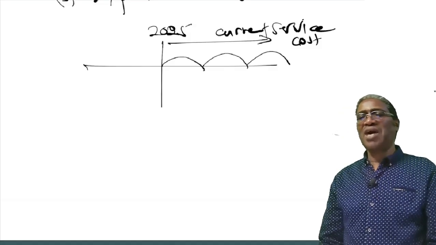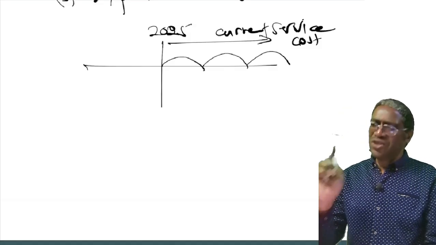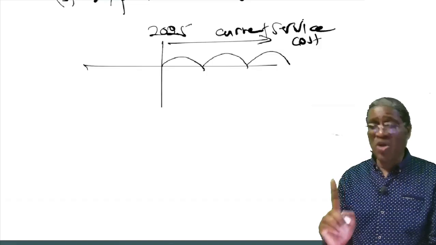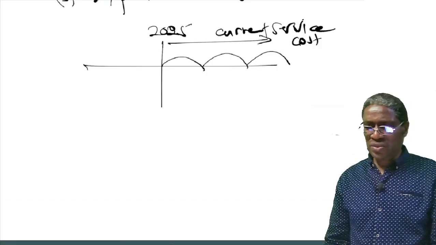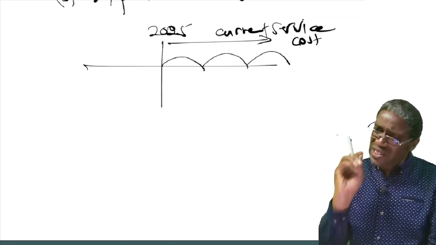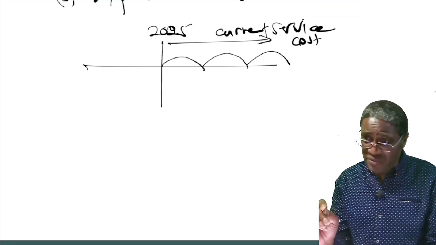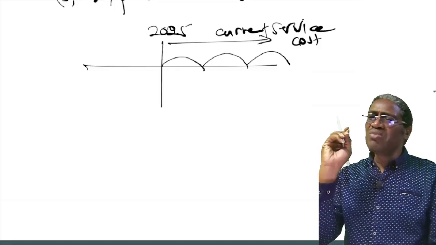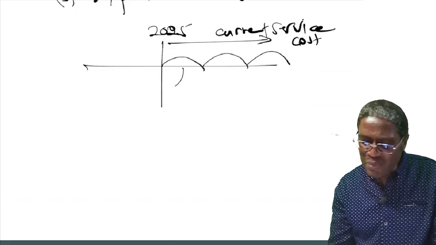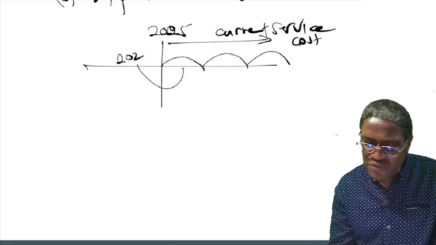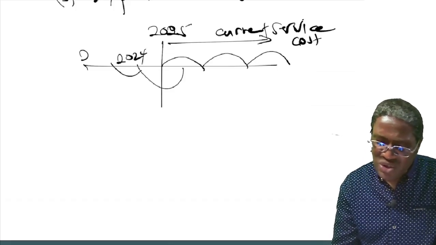Good. Now listen. You as a company, we have said you have operated for many years, but you didn't have a pension scheme. So you could also have decided this year 2025 that you also want to make contributions for services the employees gave you in the year 2024 or maybe in the year 2023.